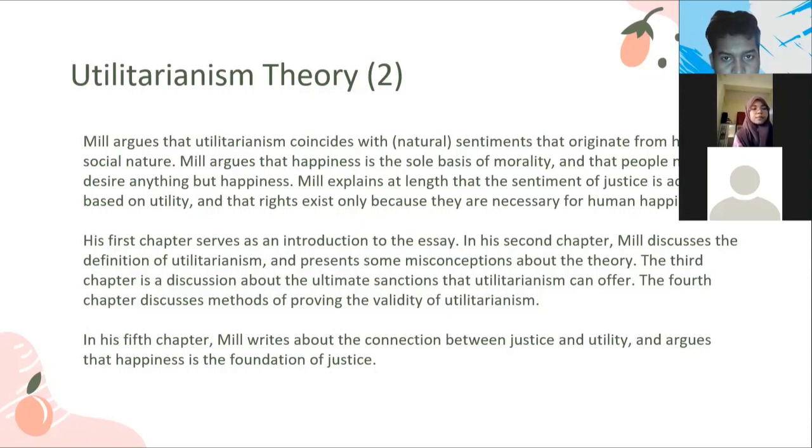The third chapter is a discussion about the ultimate sanction, or reward, that utilitarianism can offer. The fourth chapter discusses methods of proving the validity of utilitarianism. In his fifth chapter, he talks about the connection between justice and utility and argues that happiness is the foundation of justice.